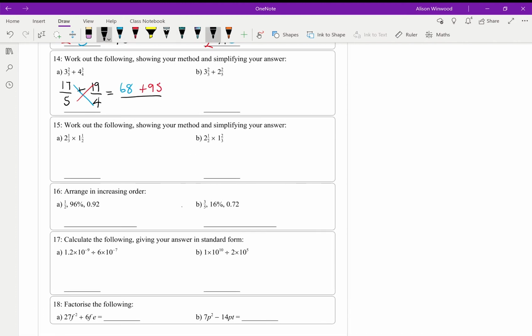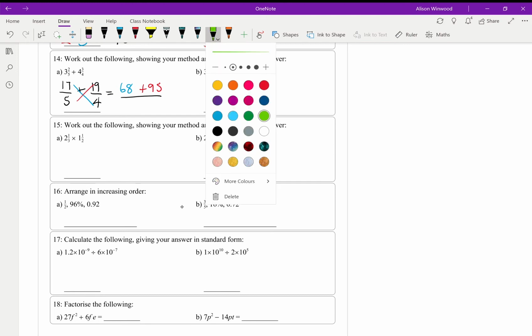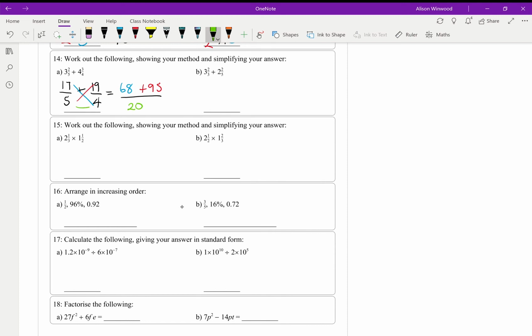And just straight multiply the denominators. 5 times 4 is 20. So we can add them up. 68 plus 95 is 163 over 20, which is the same as 8 and 3/20.